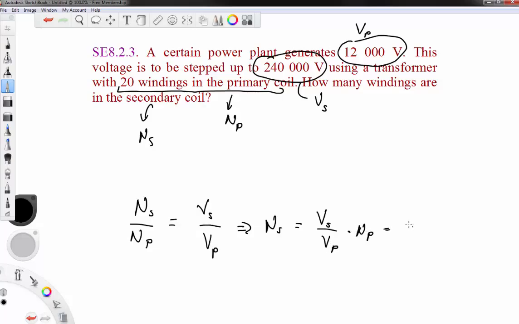So that is 240,000 volts divided by 12,000 volts times 20. So this over this would give us 20. So that means that the number in the secondary coil should be 20 times 20, or 400 windings.